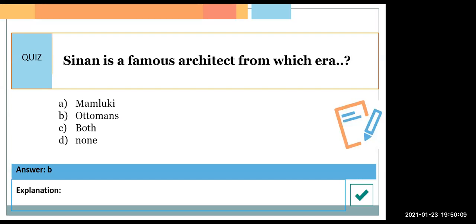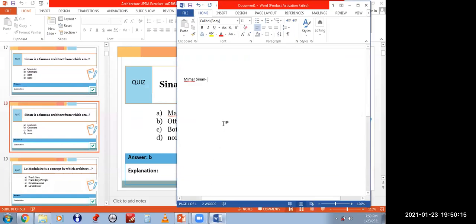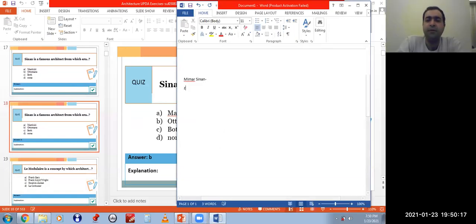Before we go to the next slide, does anybody know what is a ziggurat? Have you heard the term ziggurat?